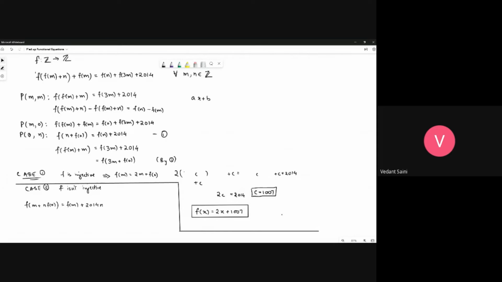What does not being injective mean? Try to think along those lines.